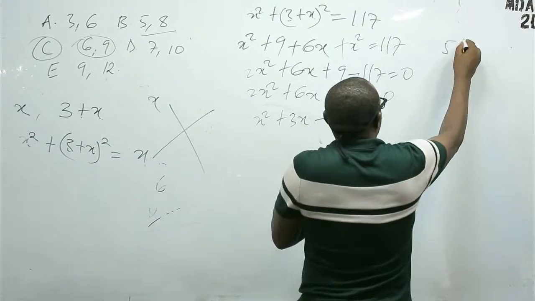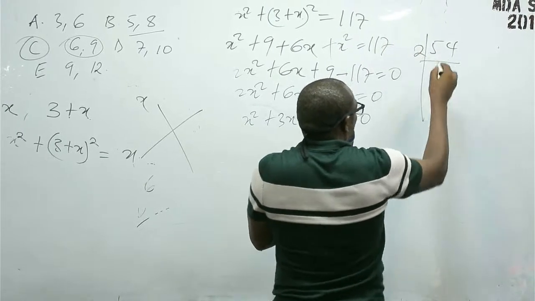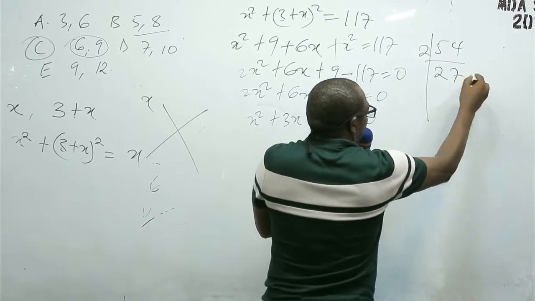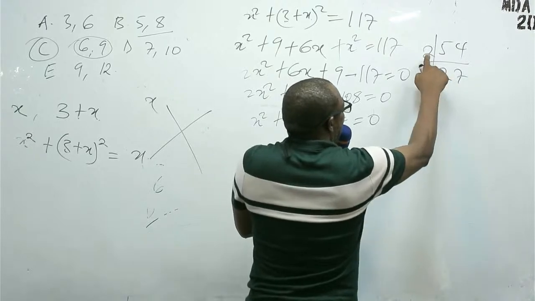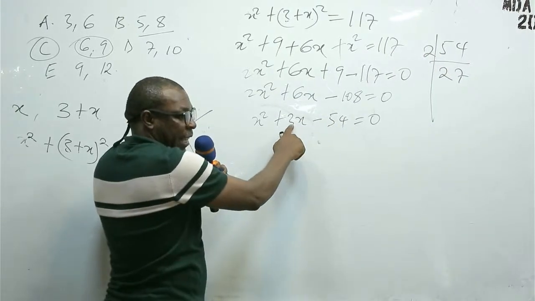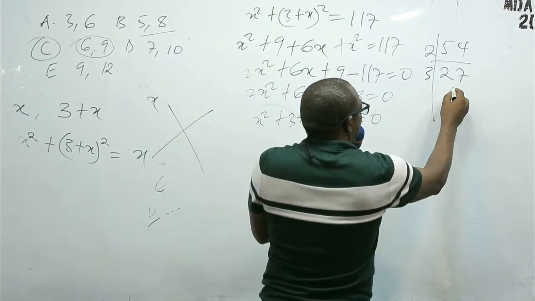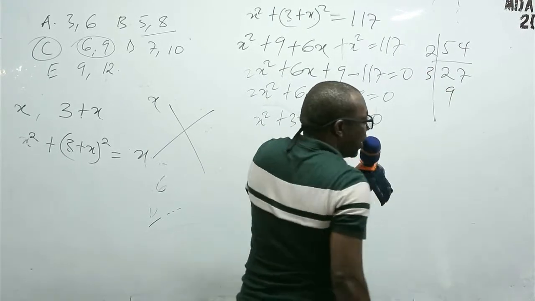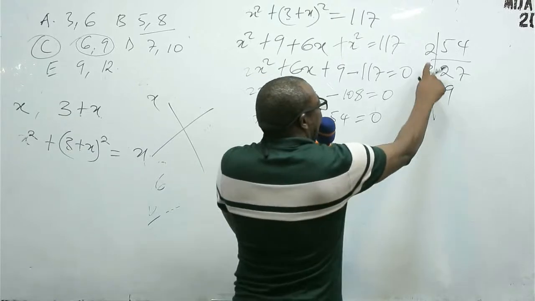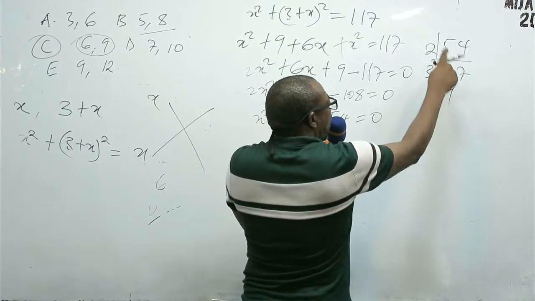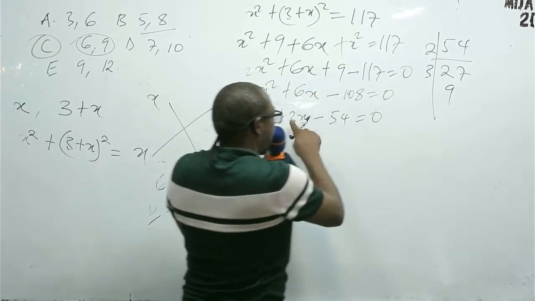Look at 54. 2 into 54 is 27. 27 minus 2? Is it going to give me 3? I go further. 3 again gives me 9. 3 times 2 is 6. Now, 9 minus 6.